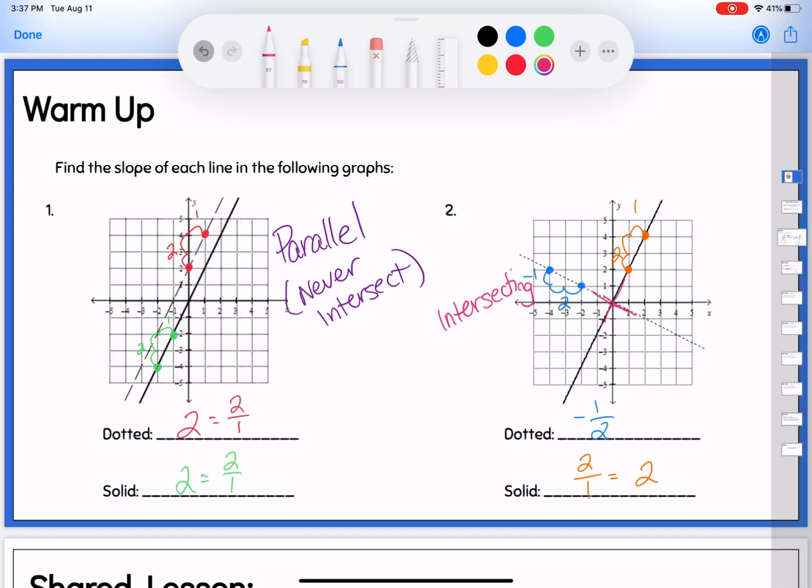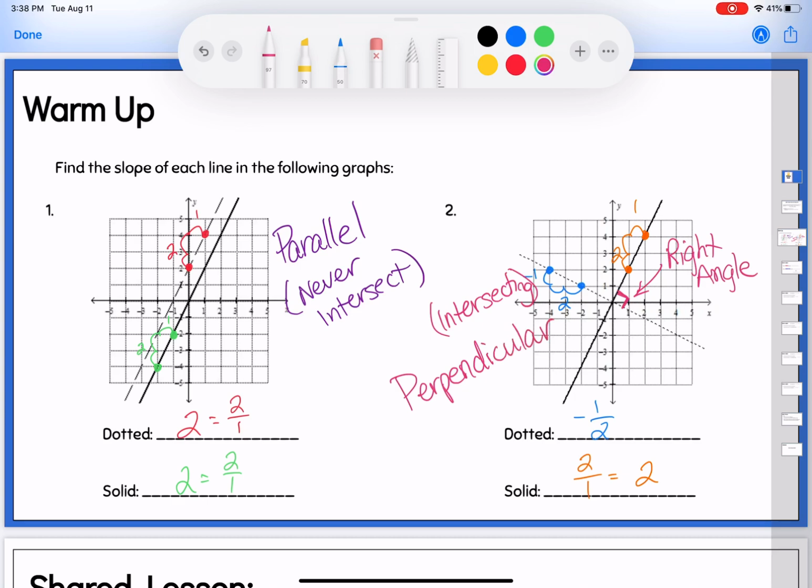In fact, you might even use the little symbol that looks like this in one of those angles, right? And if you remember what that means, they're forming a right angle. So yes, they are intersecting, but they're intersecting in such a way that they're forming a right angle when they cross. And if you remember what the good vocabulary is for intersecting at a right angle, those are called perpendicular lines.